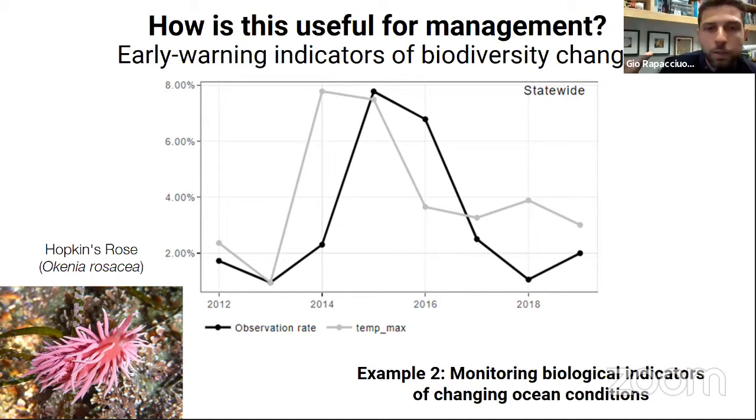And this is a plot taken from our tool here, but you can see that the observation rate has been spiking in 2015, together with the warm blob, the episode of unusual warming of sea surface temperature, mainly in southern central California. And so that's the curve that you see in gray. It's the rescaled temperature maximum there. And you can see that Okenia has followed that pattern almost perfectly there.